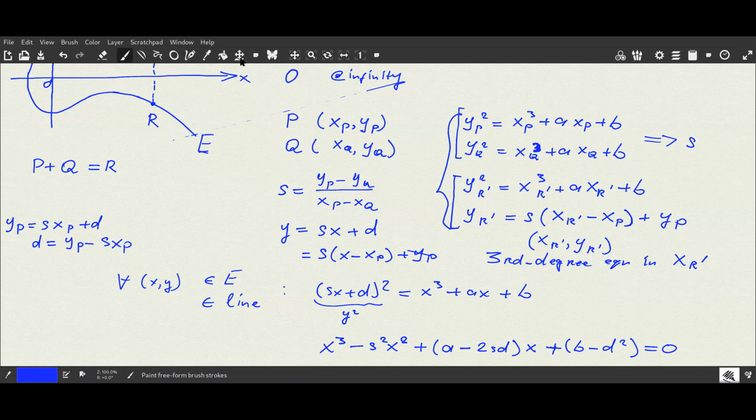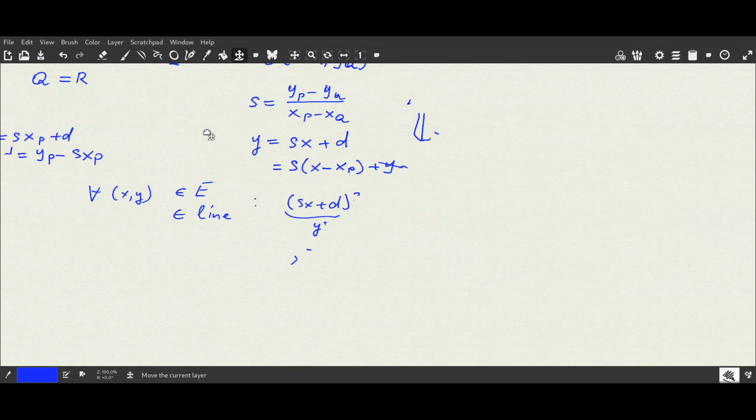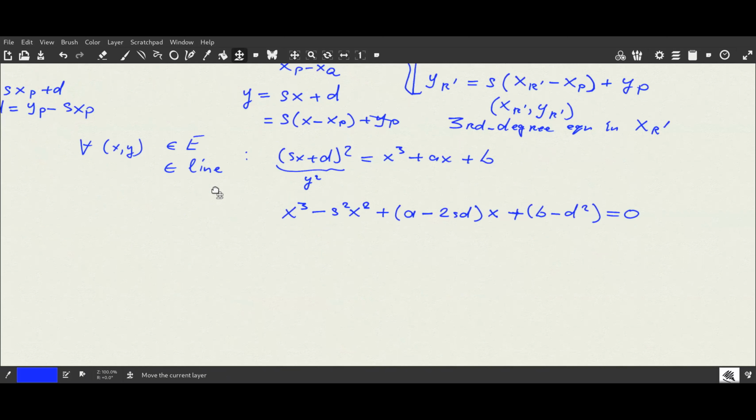And now a magic trick. We know that this equation holds for xp, because xp, yes, lies on both actually the elliptic curve and the straight line. xq for the same reason, and must hold for xr prime, right?